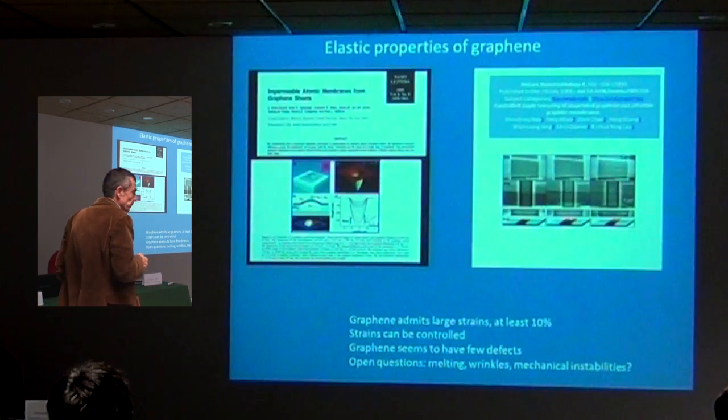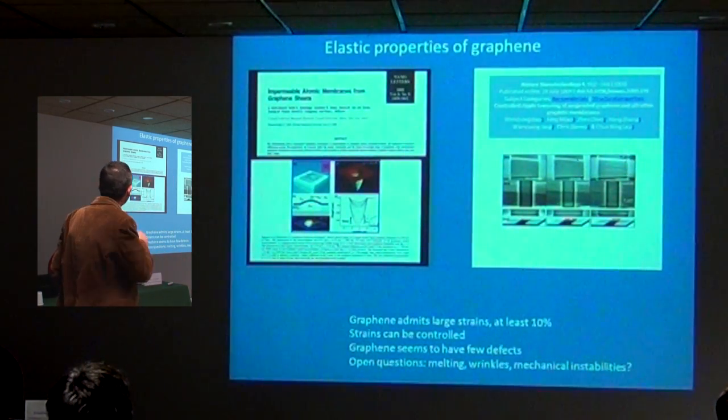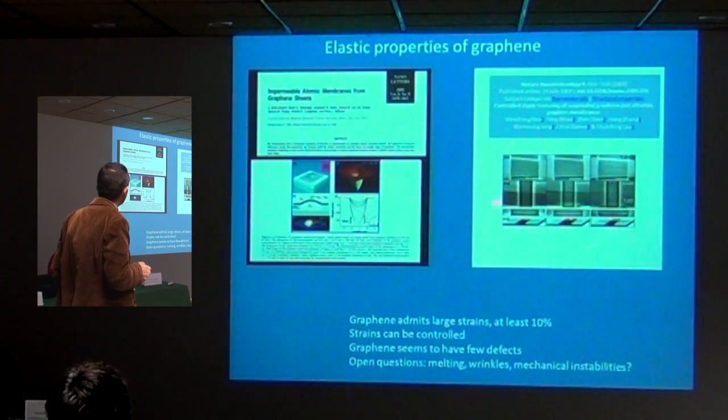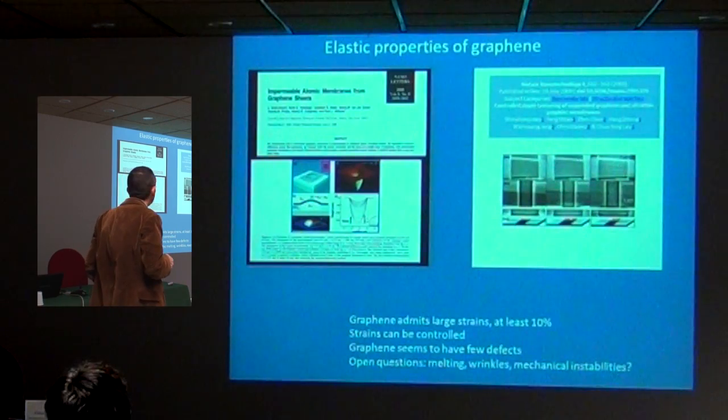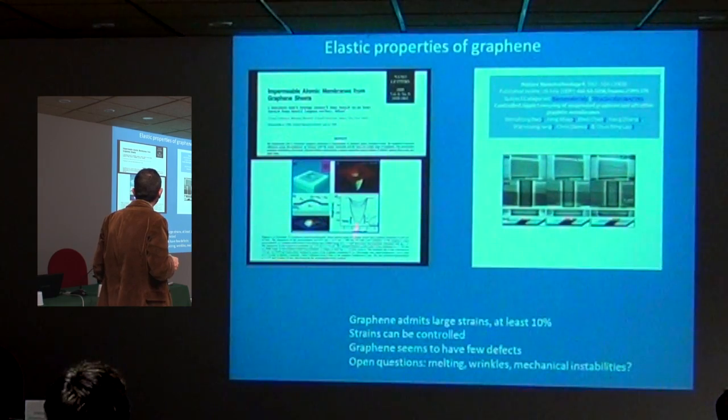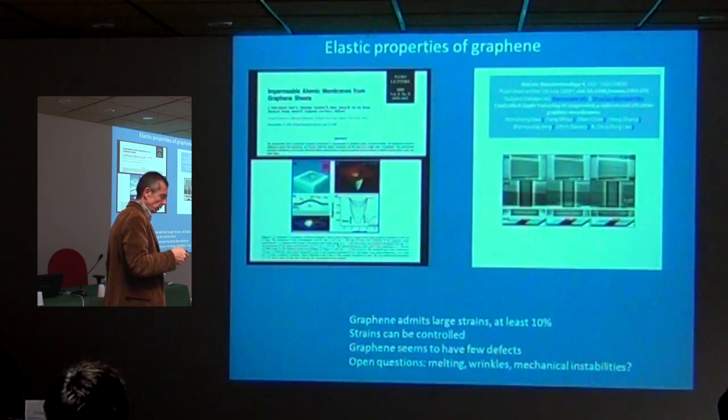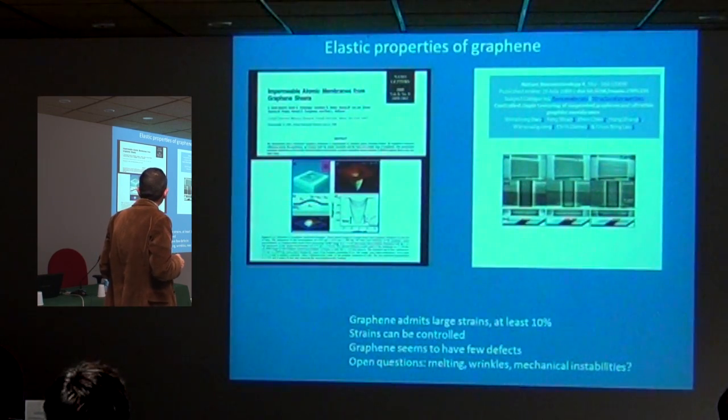And nowadays you can manipulate strains. People have started to create strains on demand, so you can generate some strains by playing with the thermal expansion coefficient of graphene and that of the substrate and things like that, or you can create graphene balloons at nanometer scale or micron scale.